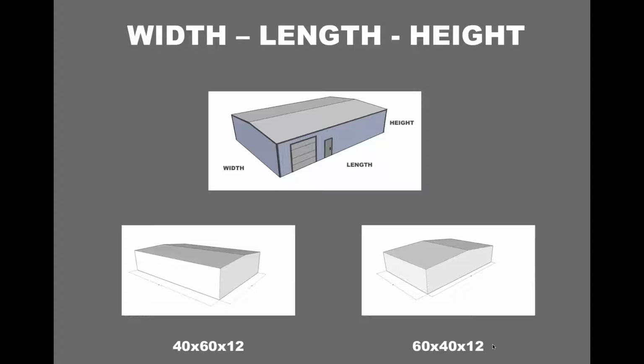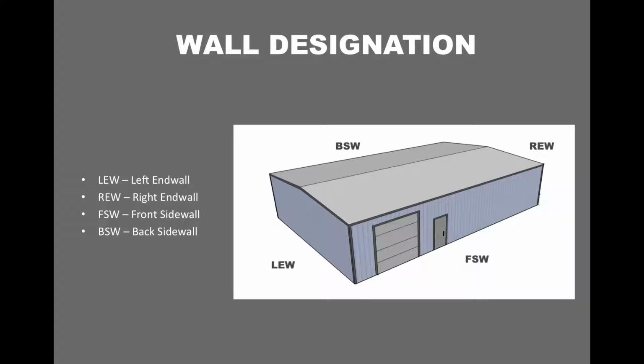So next we've got the wall designations. This is important anytime you're referencing a certain wall on your building. So the breakdown looks like this. First you have your LEW here, that would be left end wall. Then you have your REW, that's your right end wall.